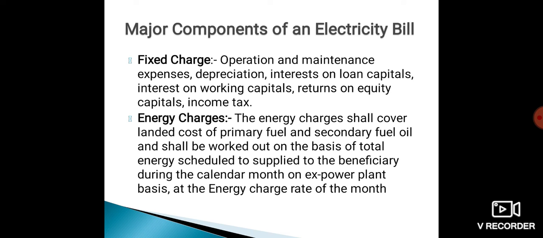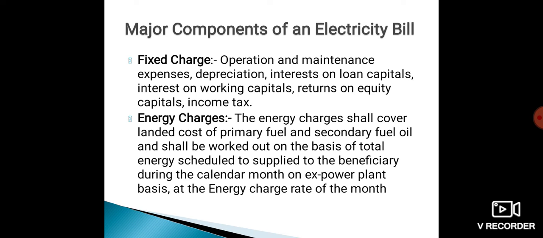The energy charges shall cover a landed cost of a fuel, primary fuel as well as secondary fuel oil, and shall be worked out on the basis of total energy scheduled to supply to the beneficiary during the calendar month on ex power plant basis at the energy charge rate of the month. So energy charge is decided on the 2 factors.